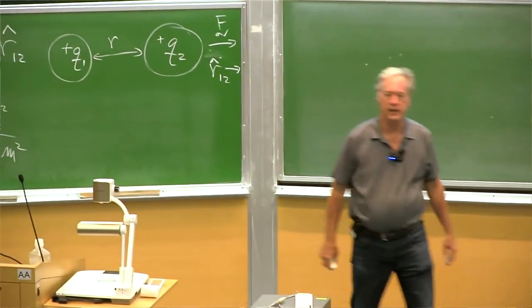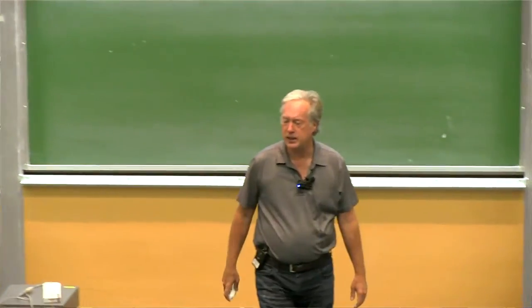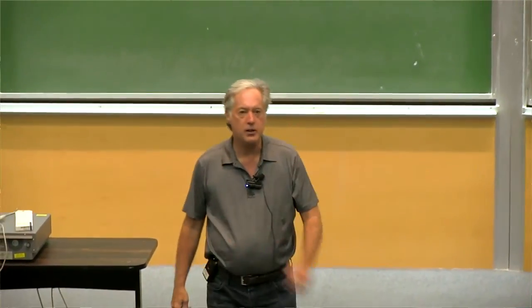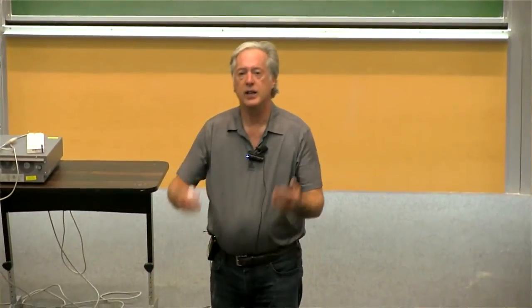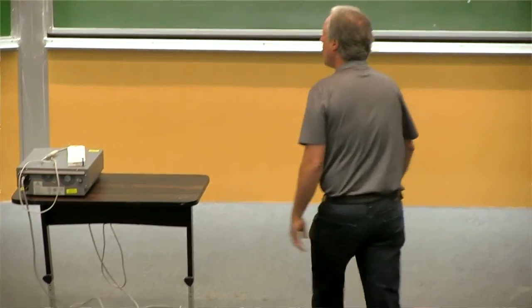Why the 4 pi? Isn't that kind of messy to throw in here? None of us would have thought to throw it in at this moment. It turns out that later it will be convenient to have had the 4 pi in there.